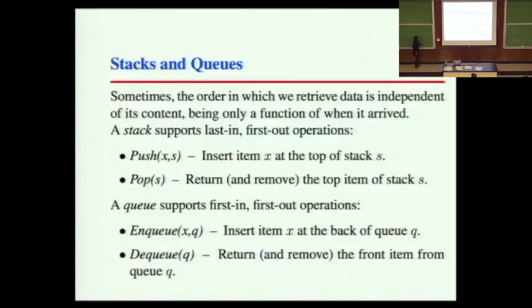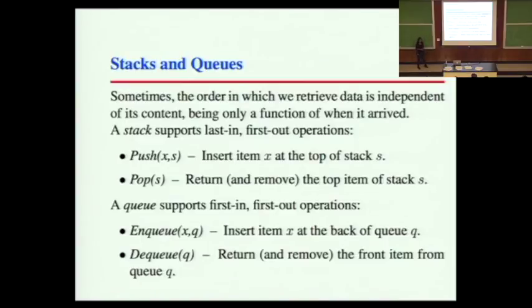You look at the order in which things are inserted, and when you want to remove something from that queue, which you call a DQ operation, whatever was inserted the earliest in time is the one that goes. And when you have a stack, we talked about this briefly, you insert things, and this is the top of the stack, and when you pop, the top of the stack comes out.